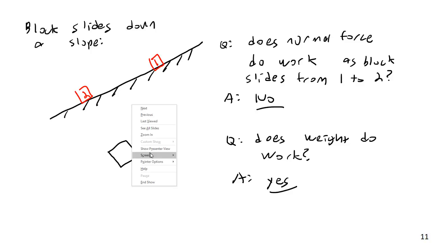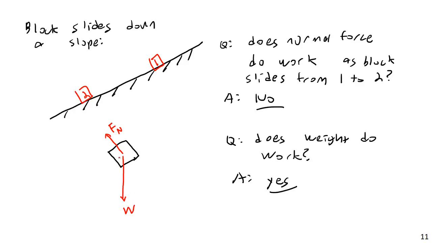So let's assume this is on a frictionless slope. I know that the normal force, F sub n, is going to point upward from the slope, but gravity is going to pull straight downward.